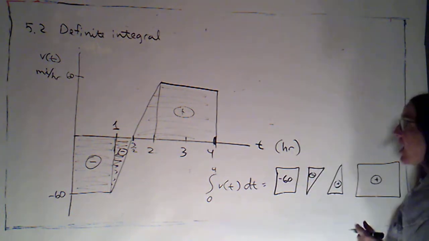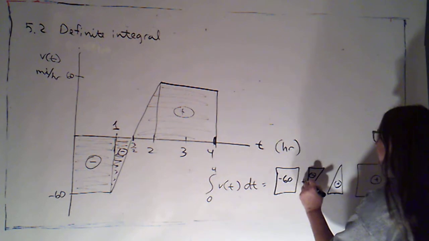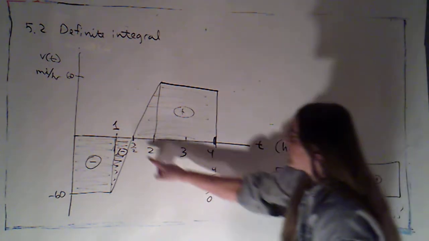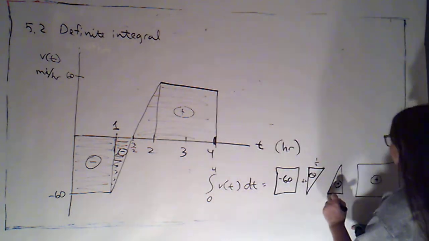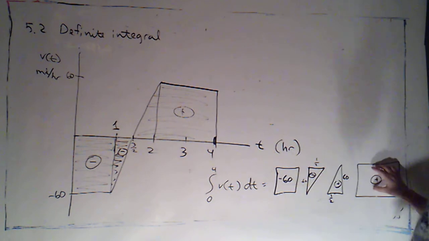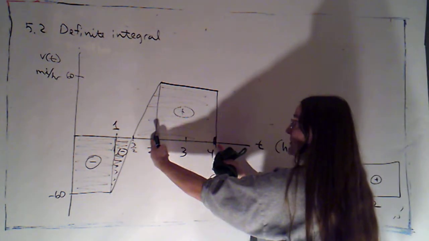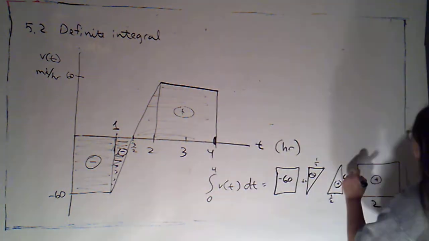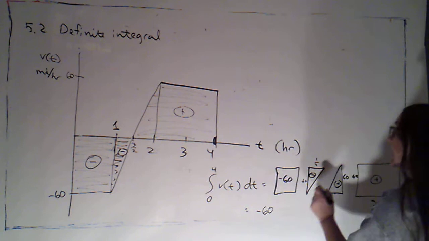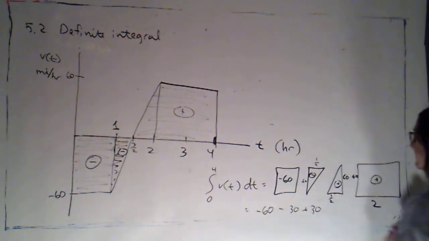Now, for this triangle, the height here is negative 60. The base would be 1/2. For this triangle, the base would be 1/2 and the height would be positive 60. And for this rectangle, the base is 2, because I've got a 2-hour time period from 2 to 4, and the height is 60. So we're getting negative 60 minus 30 plus 30.